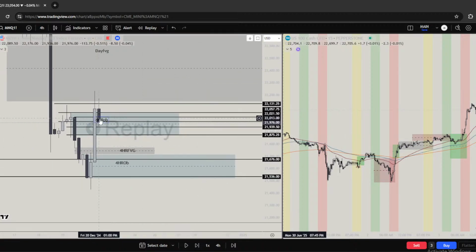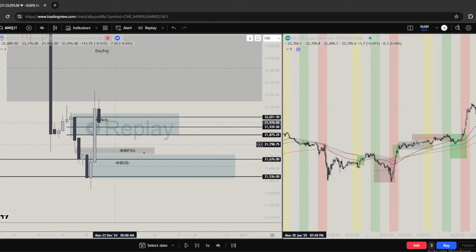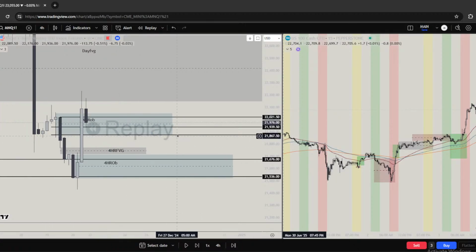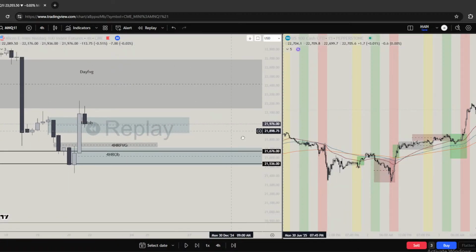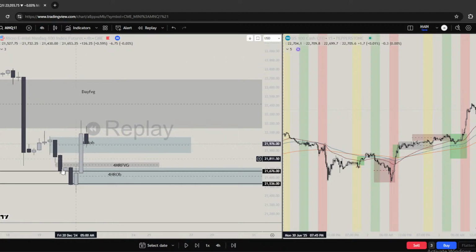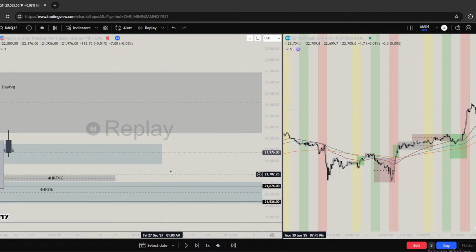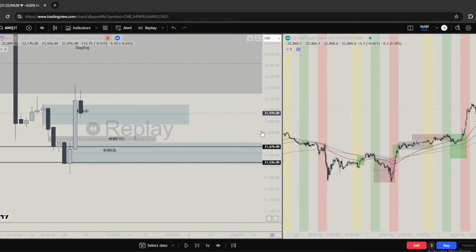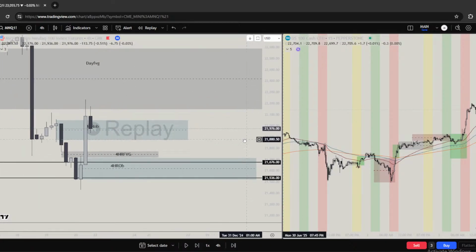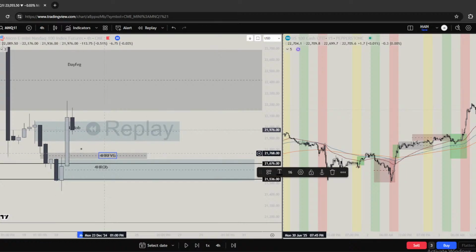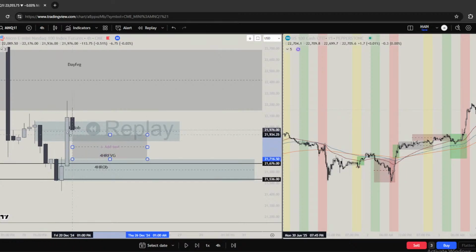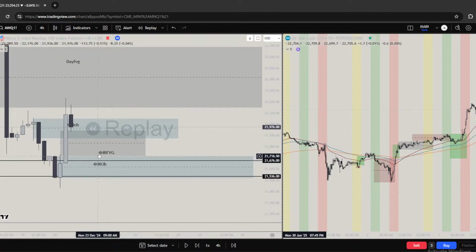Now look, it went through all my target points I wanted. These are take profits I wanted. Well, it hit every single take profit I wanted to enter at. Yeah, got this FVG here. Yeah, this is ripping like crazy.